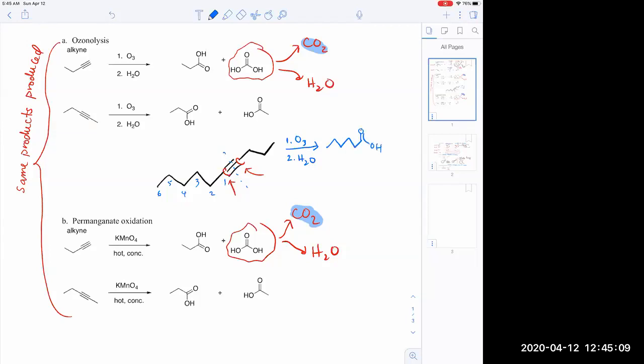There's my carboxylic acid. And we will have 1, 2, 3, 4 carbons on the right. And those would be the products of the oxidative cleavage of an alkyne.